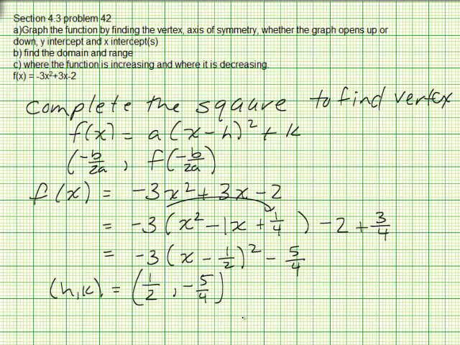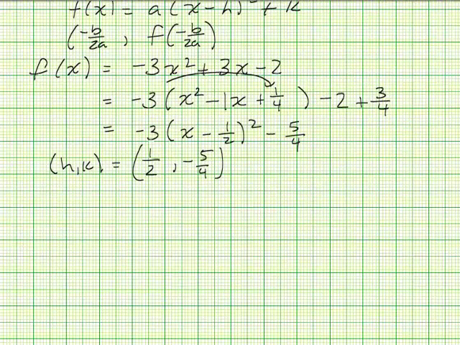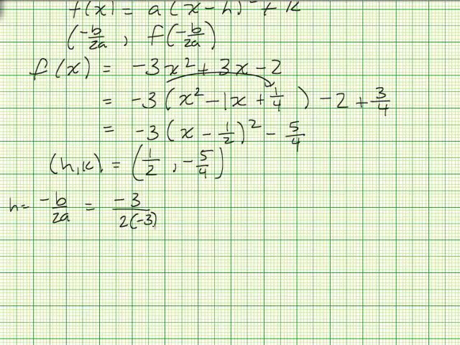Now I said we were going to do it two ways, and so we're also going to find the opposite of b over 2a. That should be what h is, and that gives me, I have a positive 3 here, so negative 3, the opposite of that, divided by 2 times negative 3.